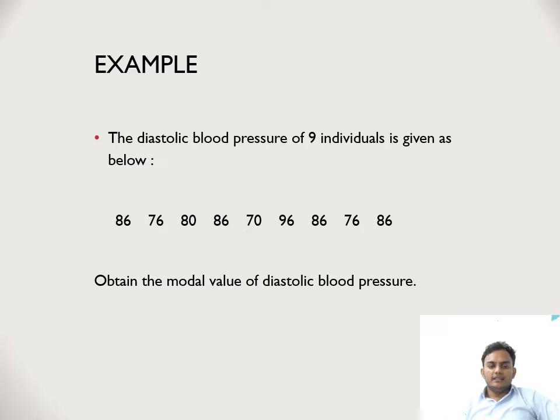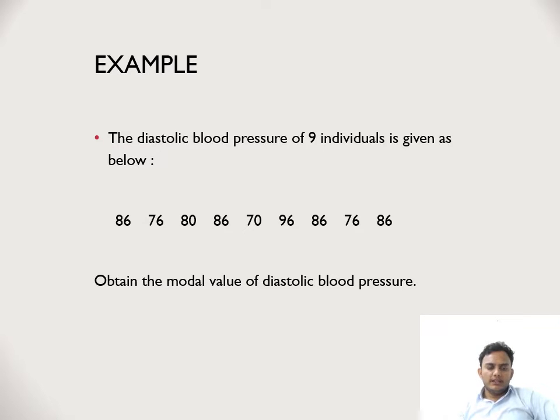Let's see the second example of mode. Here we are given the data of diastolic blood pressure of 9 individuals. So observations are 86, 76, 80, 86, 70, 96, 86, 76 and 86. Now obtain the modal value of diastolic pressure.